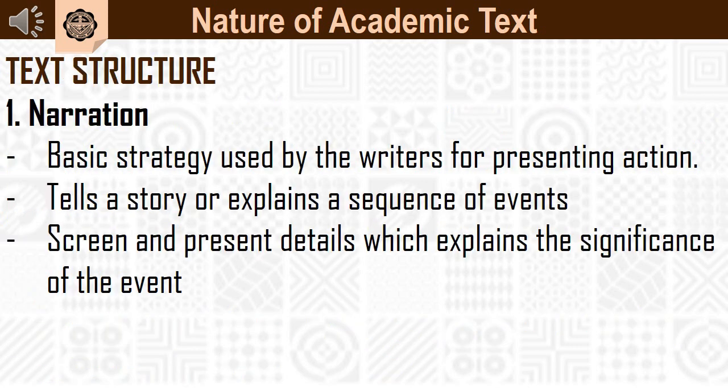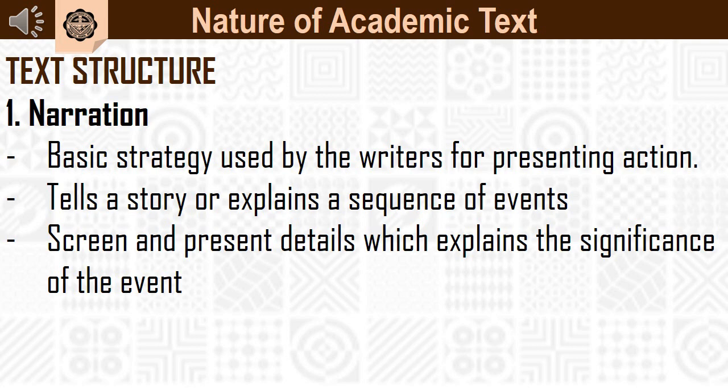Academic texts have a specific structure and language compared with texts across disciplines. As a reader, you have to be familiar with academic text structures and language for comprehension. Academic texts usually have these basic structures. First is narration.